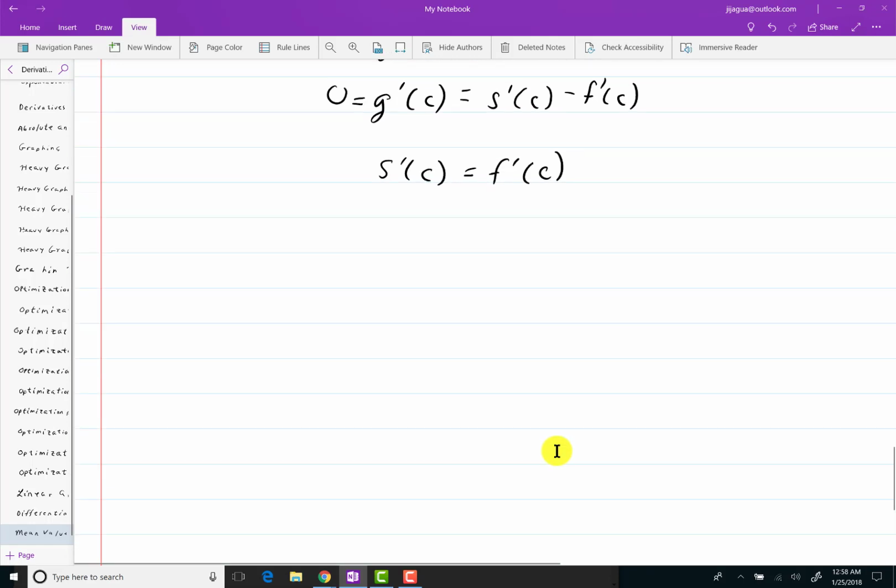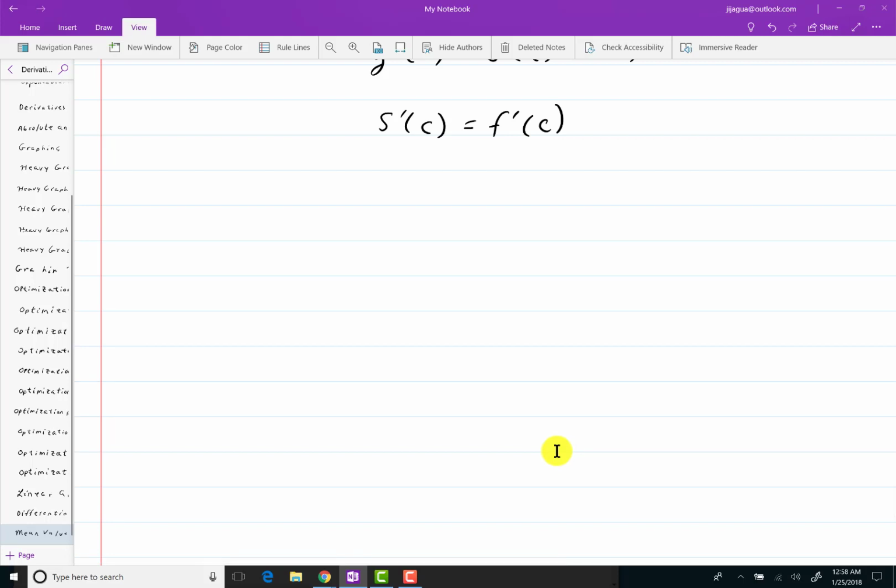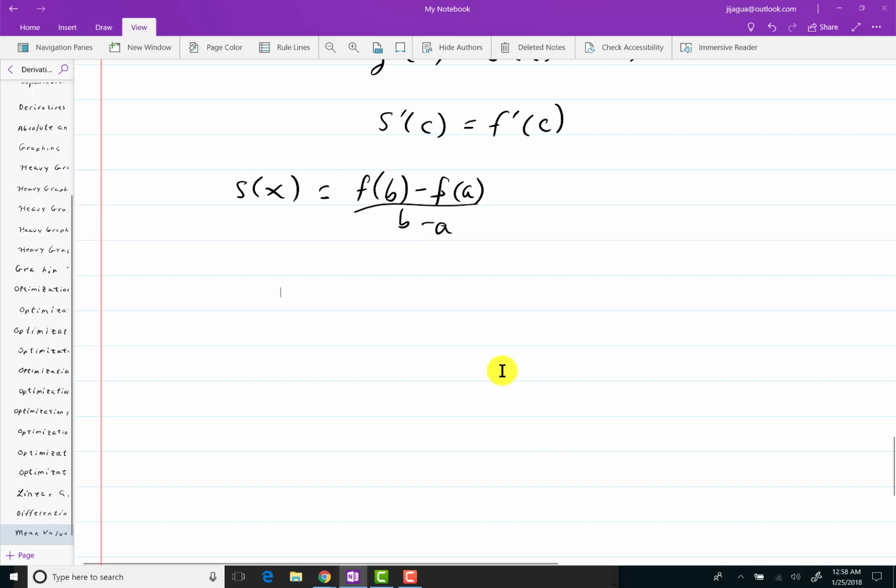However, remember s of x equals f of b minus f of a all over b minus a, the slope of the secant line, times x minus a plus f of a. Take the derivative, and I'll get s prime of x equals, well, there's only one x in here, so the derivative is this.